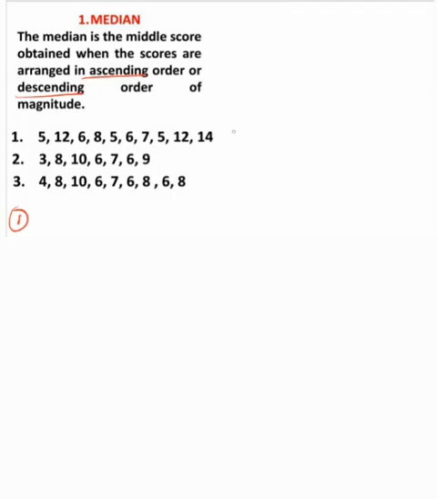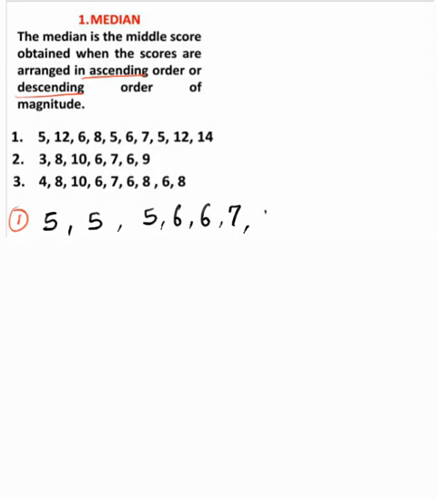We have to arrange the scores here in ascending order. For this class, we're going to do it in ascending order. So we have the lowest, that is 5. We have another 5, we have another 5, 3 of them. Then we have 6, we have 6 again. Yes, we have 7, and we don't have any other 7.